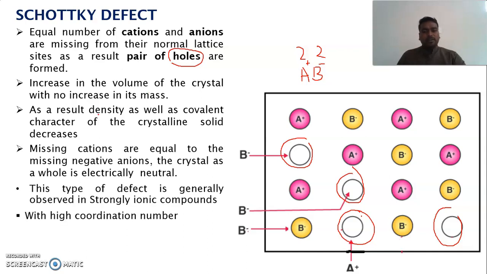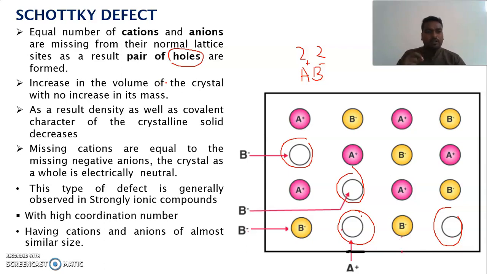This type of defect is usually observed in strongly ionic compounds, and when the sizes of cations and anions are equal. At that moment we observe this type of defect. So this is called Schottky defect.